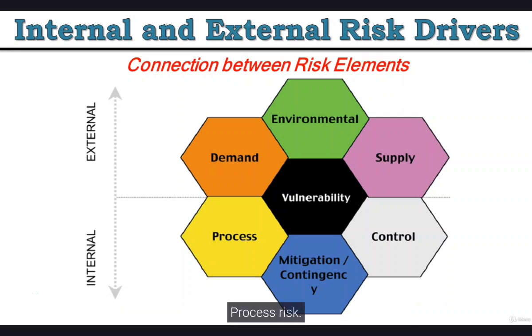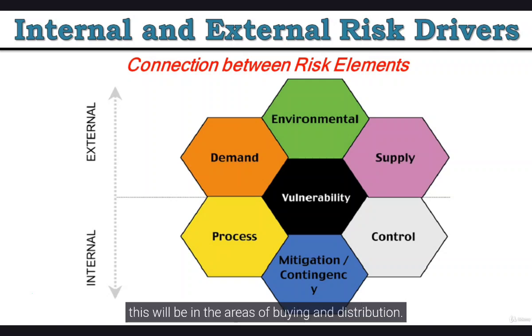Process risk. Most companies have a core process that is at the heart of their business. For a manufacturer, this will be technical, and for retailers and distributors, this will be in the areas of buying and distribution. Typically, manufacturers are more exposed to process risk than retailers and distributors, with issues of yield, plant breakdown, quality issues, product safety and health questions.